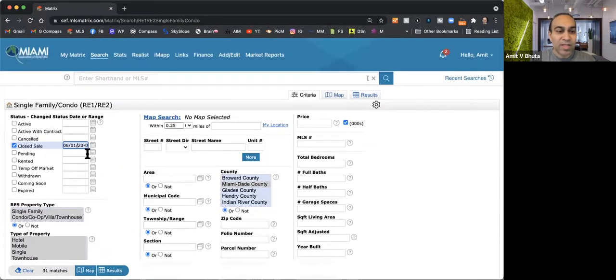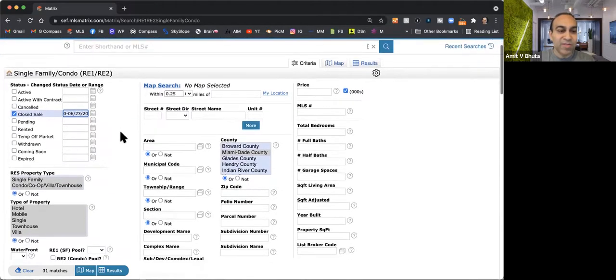So last year, combined properties, single family homes and condos in Coral Gables, first 23 days of the month in 2020, there were 31 sold. So if I go to 2021, do the same thing. And we have 105. Huge, huge difference.